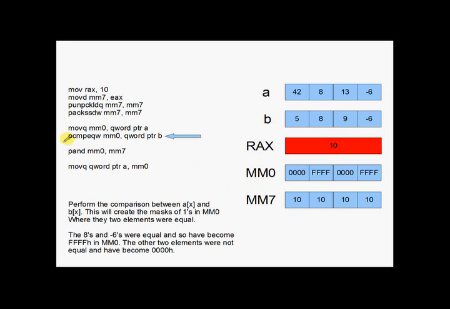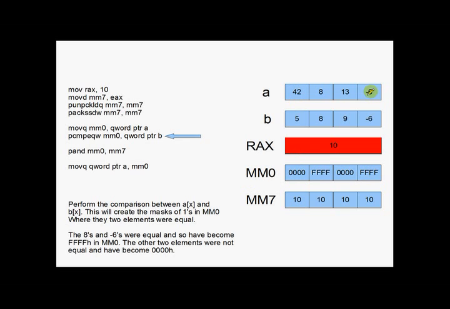Okay, the next line, packed compare for equality words. This was pretty much the first line of the C++ code that we had on the previous slide. This is where we actually perform the comparison. So we test if each of these words in the array A is equal to each of the corresponding words in the array B. And the answer goes into MM0.